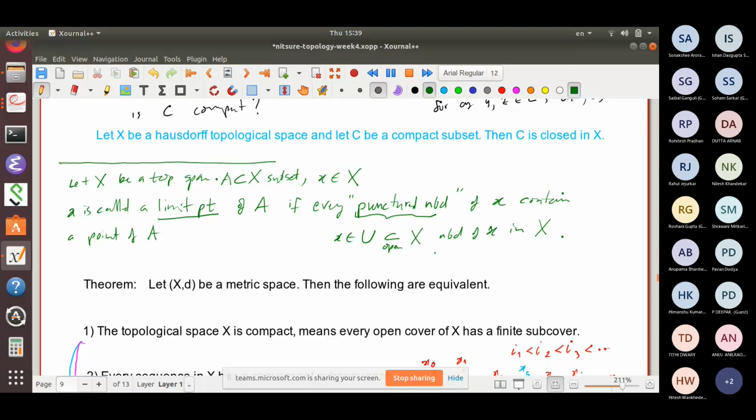Anyway, doesn't matter. Punctured neighborhood is this: U minus {x}. This is a punctured neighborhood of x, which means this is how U looks, and this is where x is. You remove x, and the rest of it is a punctured neighborhood, a punctured disk.